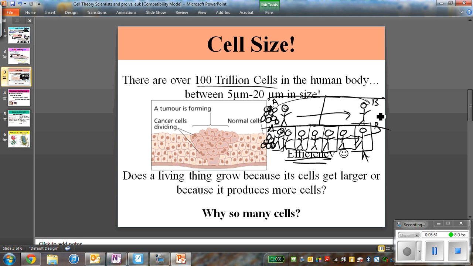So the idea behind this is that your cells are small so that they can communicate quickly. So that's why cells are small, and that's why you have trillions of them.